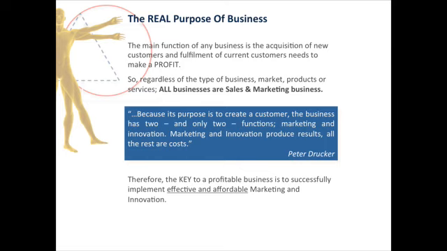But here's a big statement, at least it is for me, and I hope it is for you as well, because it illustrates what business is really all about and the things we need to concentrate on in order to grow and develop. He said, because its purpose is to create a customer, the business has got two and only two functions: marketing and innovation. Marketing and innovation produce results, and all the rest are costs.